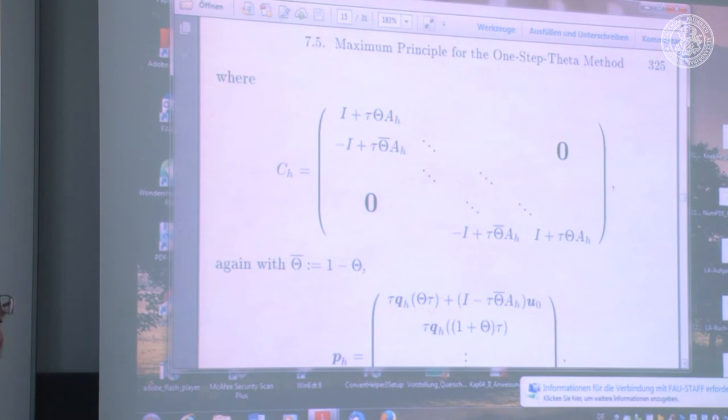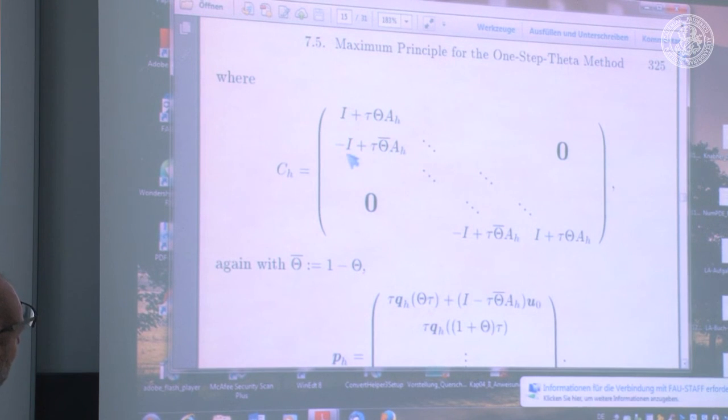So if we have the property 2 for the A matrix, this is the same thing here for these blocks. For these blocks here, it's again the same thing. We are off the diagonal. But here we also have diagonal entries.